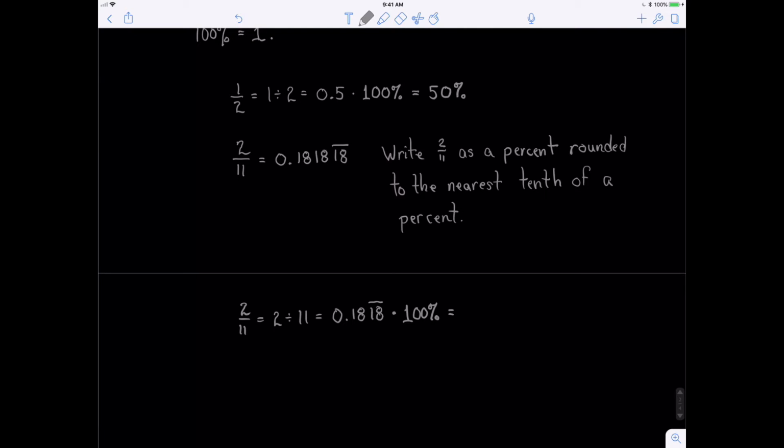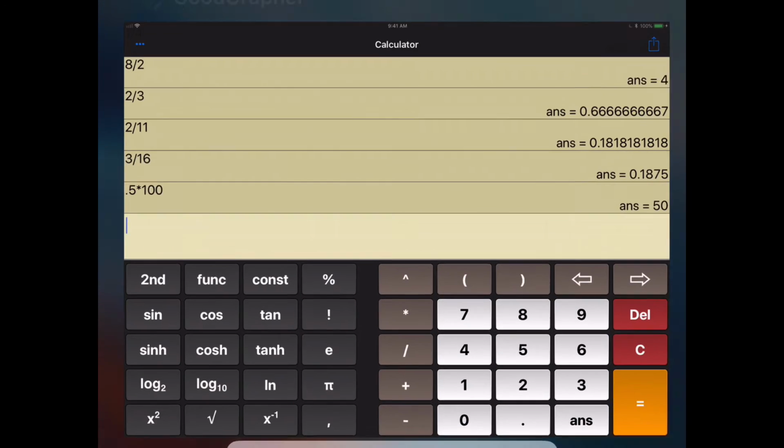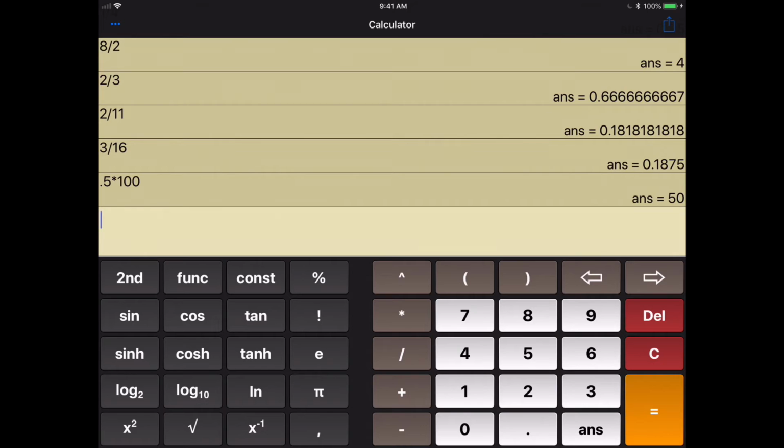So let's try this. Let's go back to our Good Grapher, and we're going to take 2 and divide it by 11. I'm going to put parentheses around the 2/11, for reasons we'll see later, and then let's multiply that by 100 and see what happens.